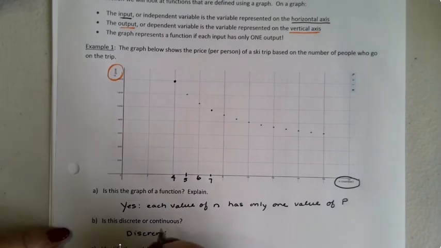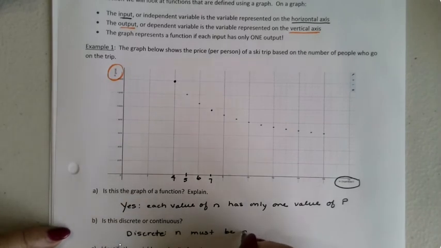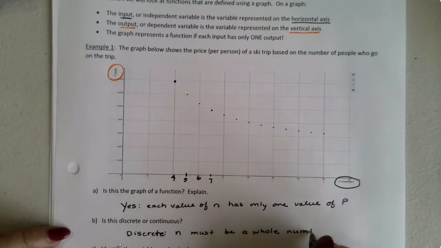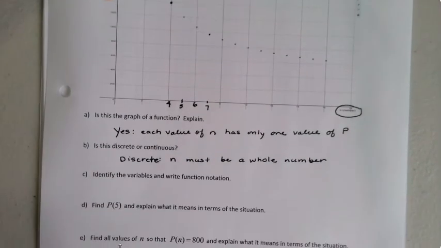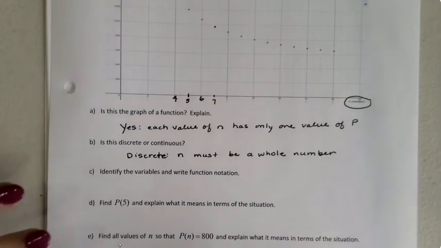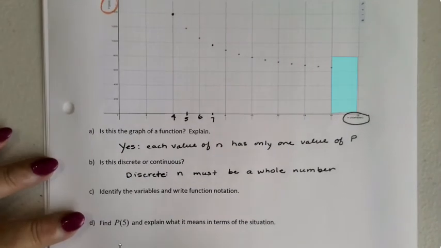Discrete, and n must be a whole number. We cannot have an input that's a fraction or a decimal here. All right, identify the variables and write this in function notation.